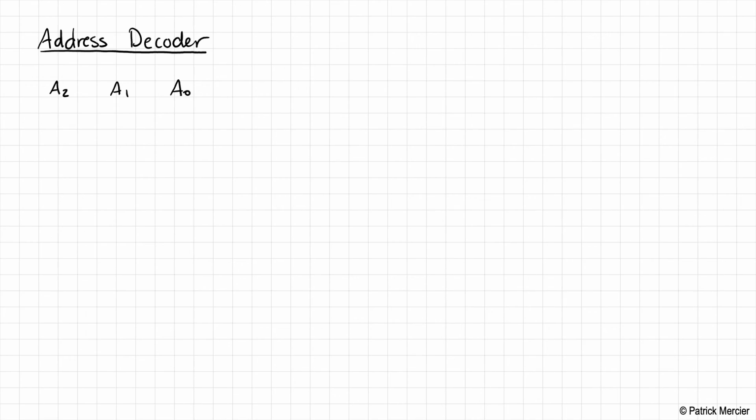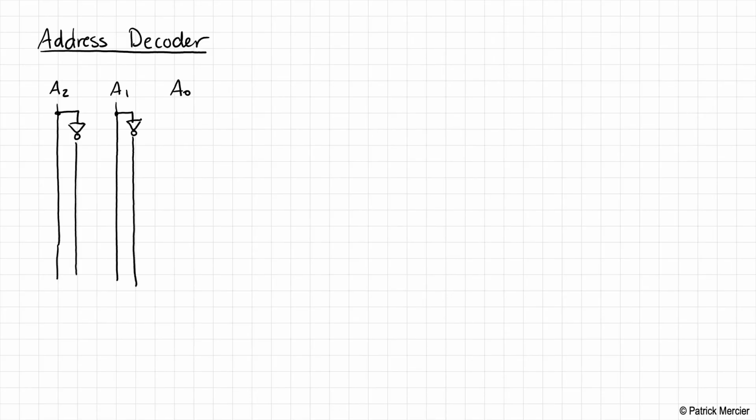All right. So what we do is we take A2, and we also generate an inverted version of A2. Take A1, and we create an inverted version of A1. We take A0, and of course an inverted version of A0.